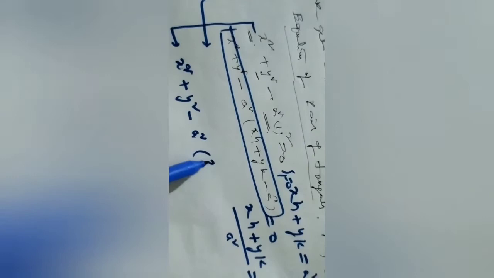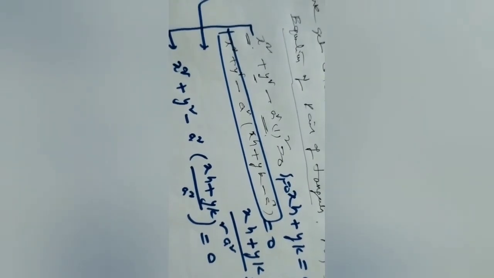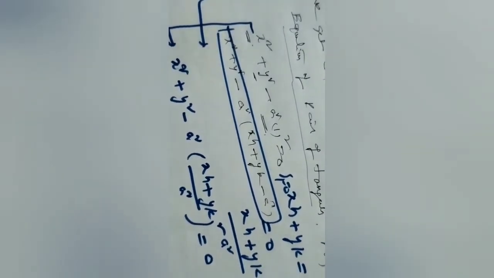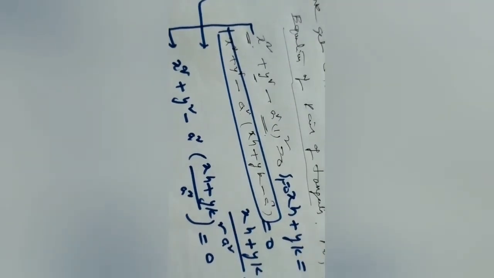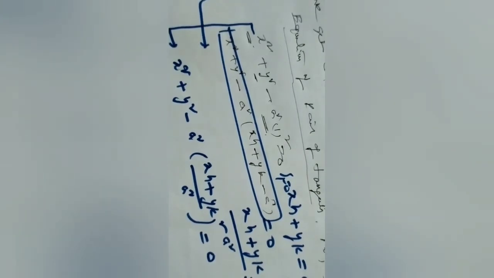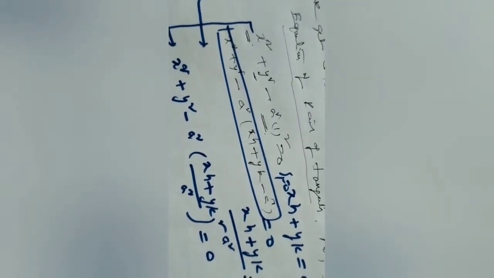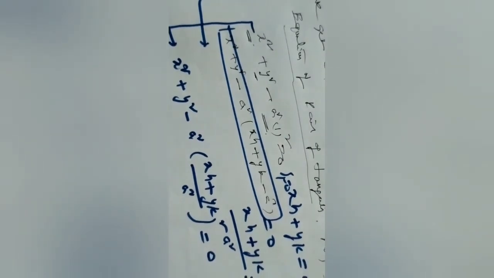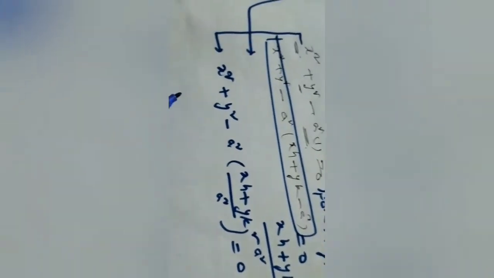So by homogenizing with this line equation, x square plus y square minus a square into xh plus yk by a square, whole square, is equal to 0. Simplifying, you will get a 2-degree equation in which the angle between the two tangents is 90 degrees. Therefore x square coefficient plus y square coefficient is equal to 0. That is the condition.